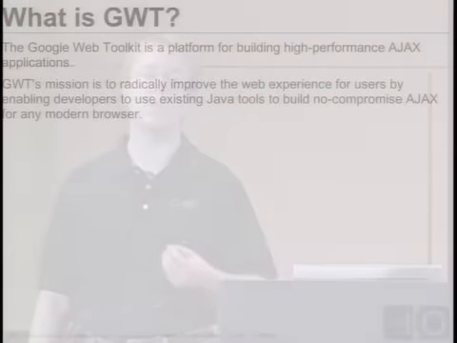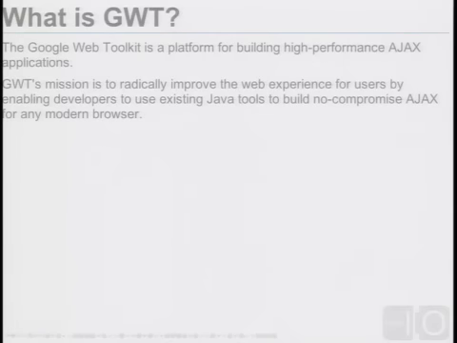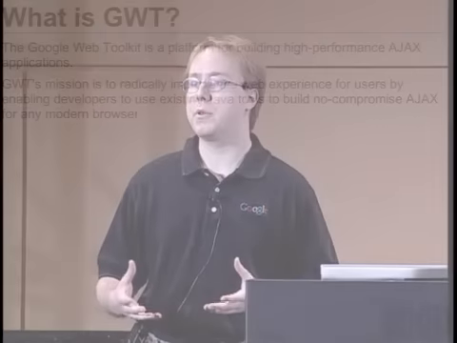So to start off with, I'd just like to reiterate what the Google Web Toolkit is. It's a platform. It is a collection of tools and libraries and techniques. And this platform allows you to build high-performance Ajax applications. The tool set that I'm going to be talking about today fills in with the GWT mission: by giving developers the ability to effectively bundle and manage the resources of their applications, you can make a better application.